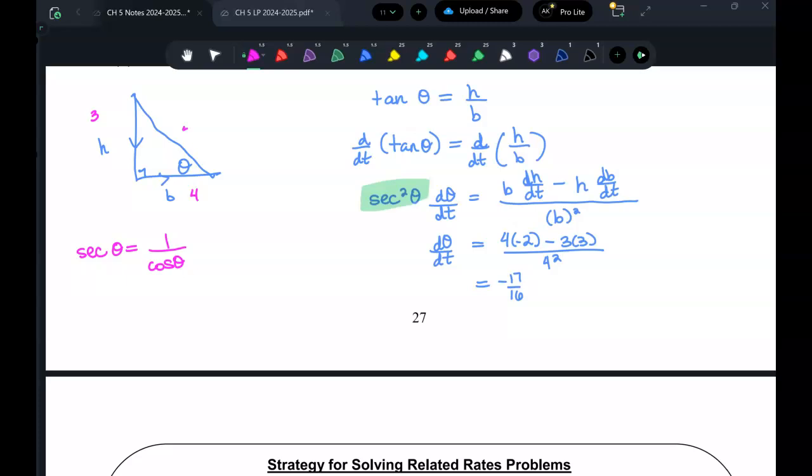I just mean this was a 3, 4, 5 triangle, right? Secant is 1 over cosine. So cosine would be adjacent over hypotenuse, so this would be 5 over 4. So then if I square this, 25 over 16.